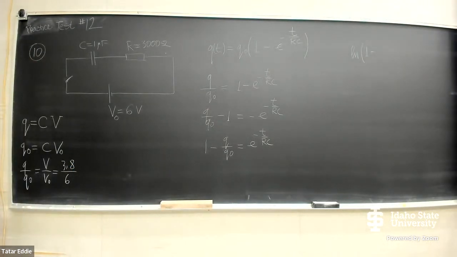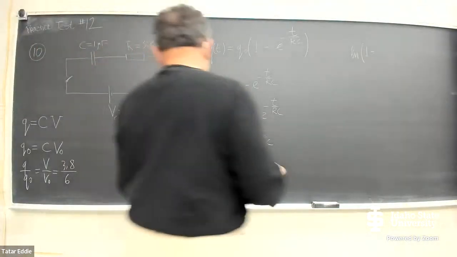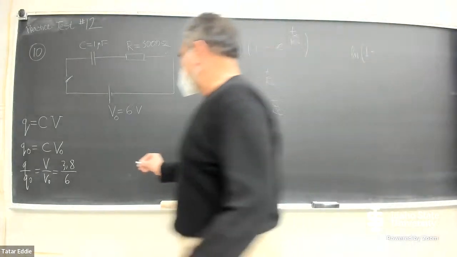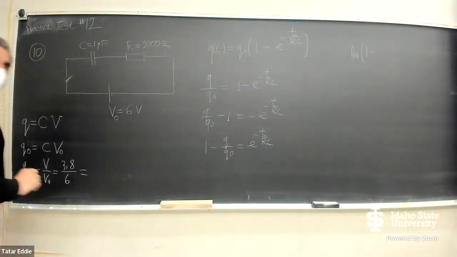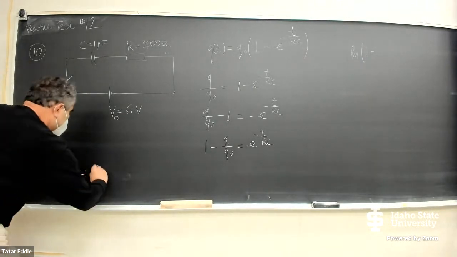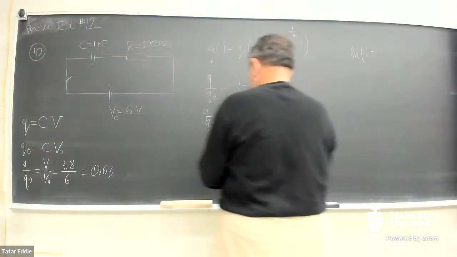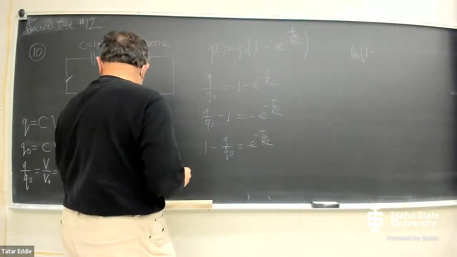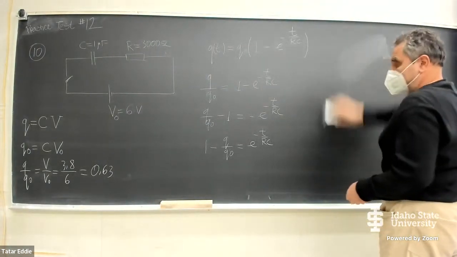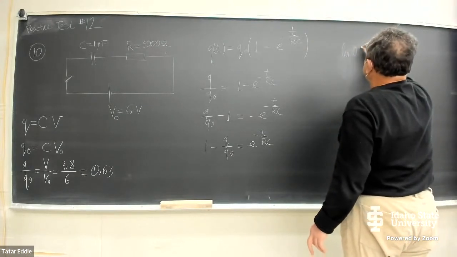What is this number? 3.8 divided by 6 is 0.63. So 1 minus 0.63 is 0.37. So the logarithm of 0.37.